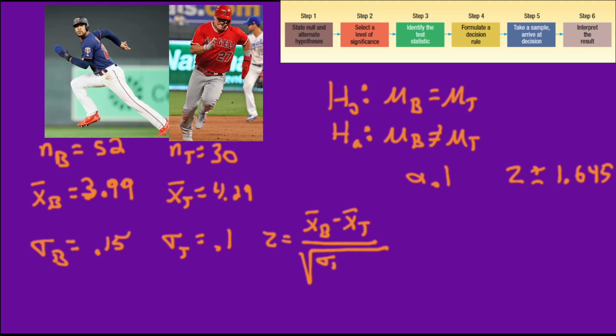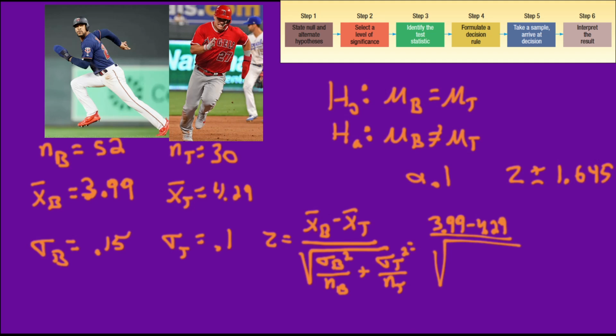But we've said that we know sigma B and sigma T. And so all that's left to do is plug these in. Okay, and we said 3.99 minus 4.29 over the square root. I have an error here, so these should be squared.